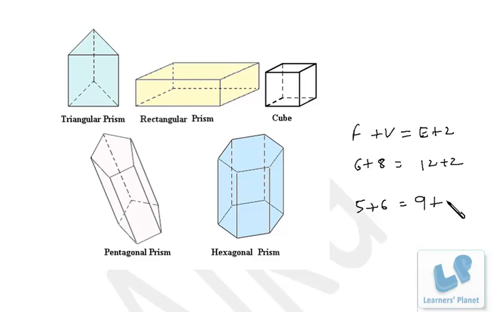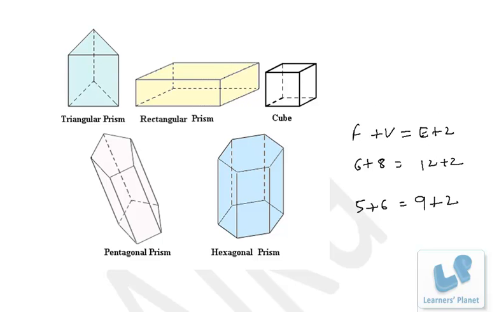So that is 9 plus 2. So 5 and 6, 11 and 9 plus 2, 11. Right? So this formula is useful for finding out the third thing, the unknown quantity among faces, vertices and edges.